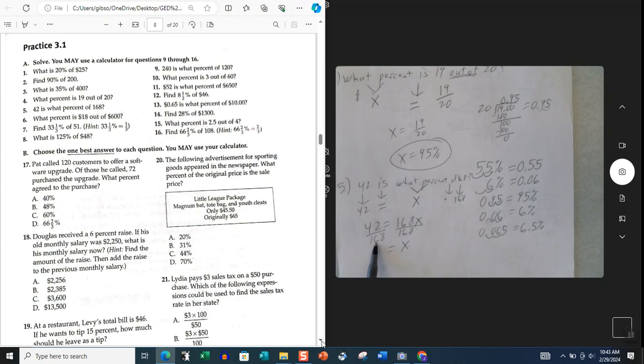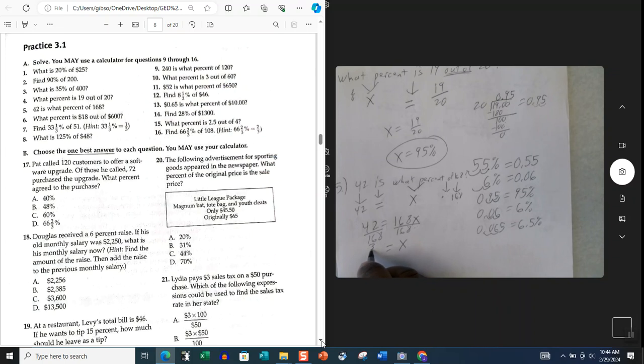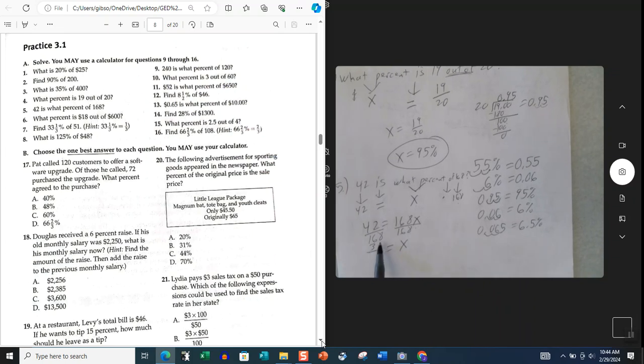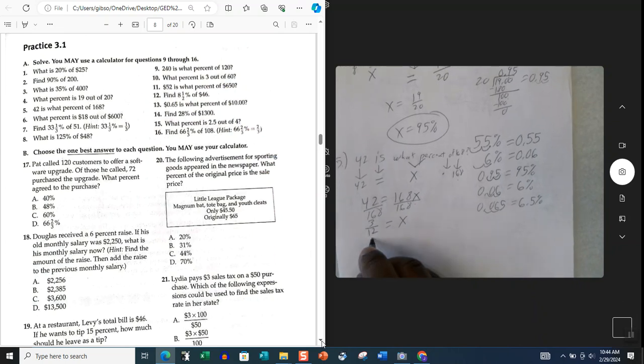We can simplify this. 42 and 168 both have 14 in common. 42 divided by 14 is 3. 168 divided by 14 is 12. So actually this could have been simplified by 42. We could simplify 3/12 and that would make 1/4. So 1/4 is equal to x.